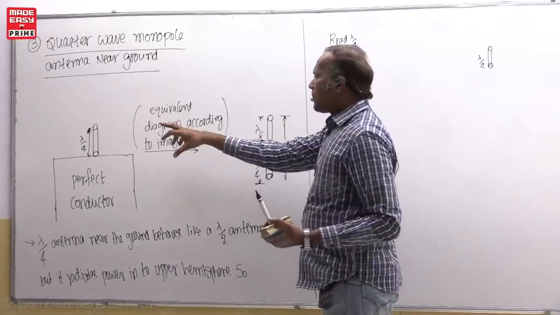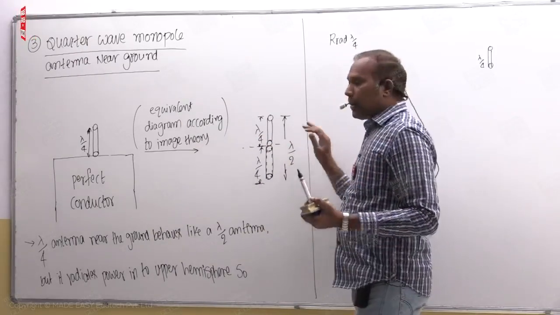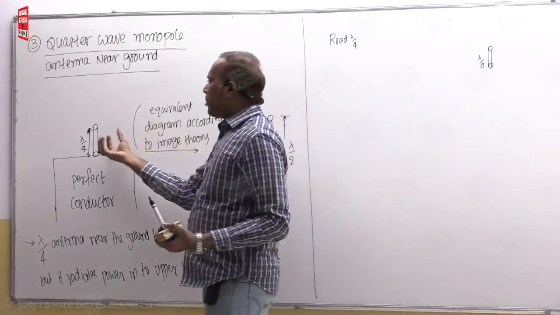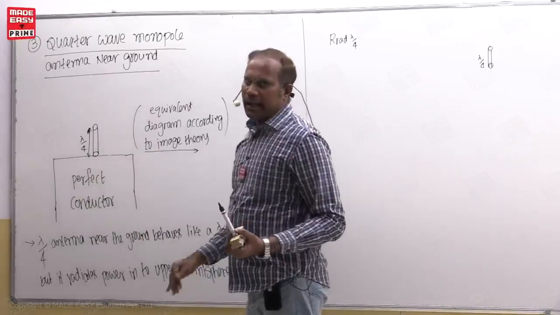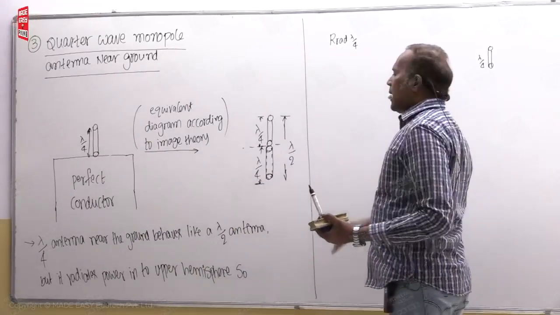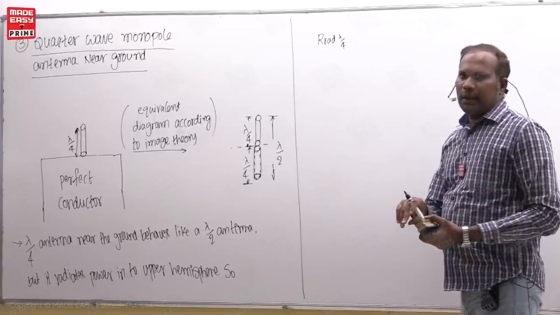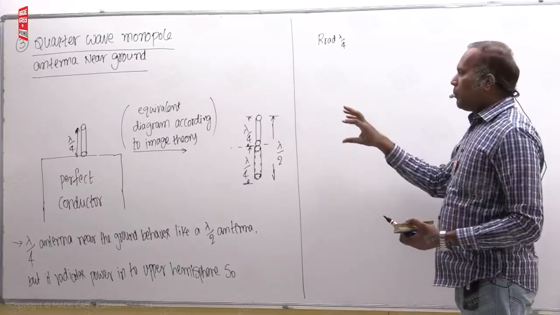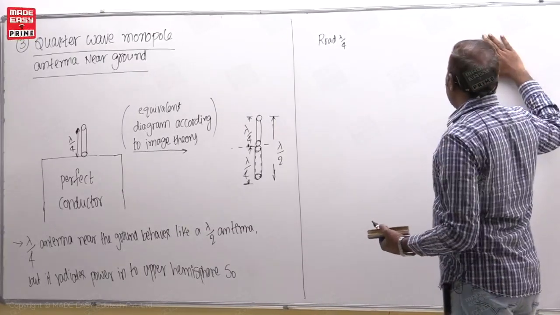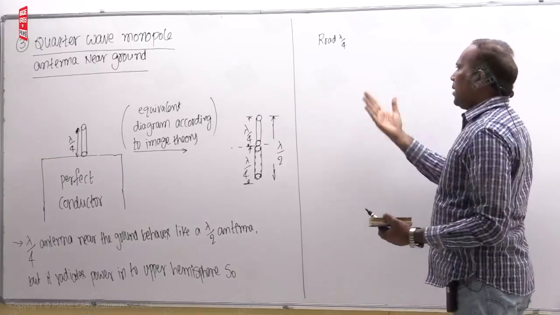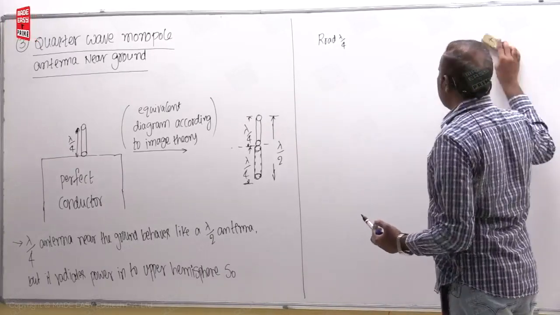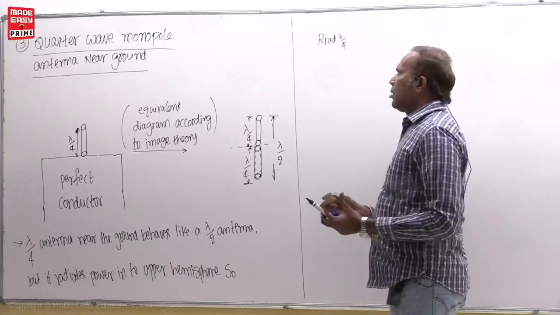It radiates as much as lambda by 2, but ultimately it radiates only in the upper hemisphere. That is why again the radiation resistance is half of that of lambda by 2. So in both cases, whether lambda by 4 is away from the ground or near the ground, you have to take 73 by 2.